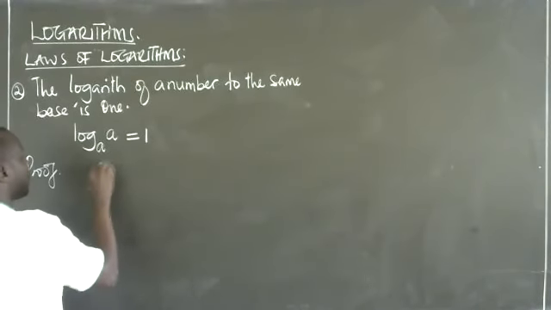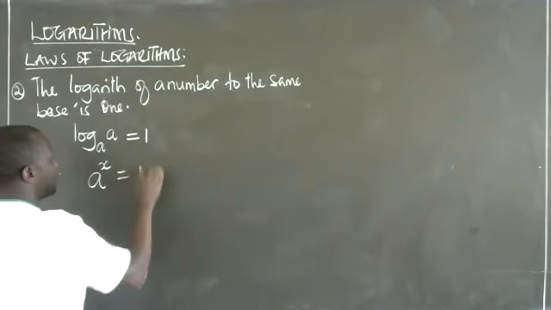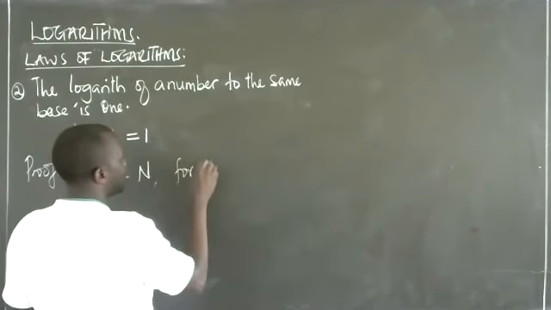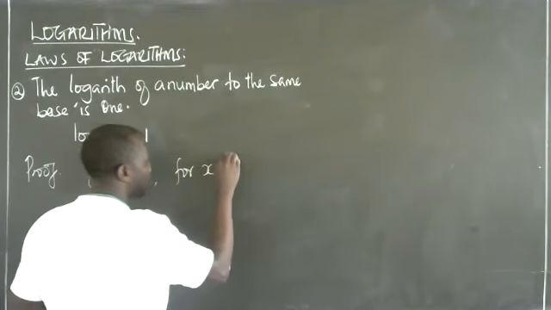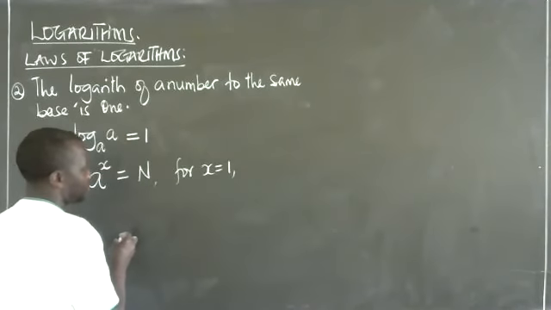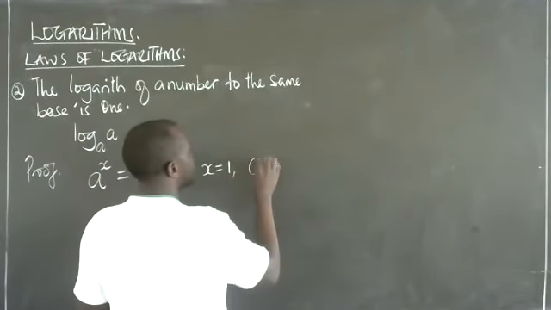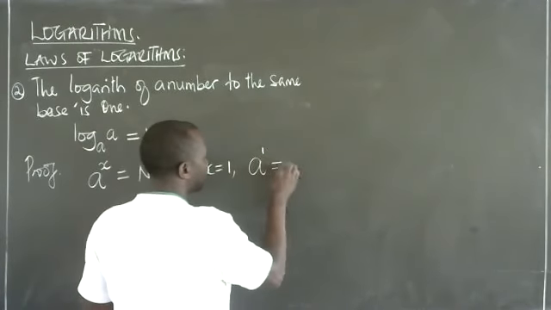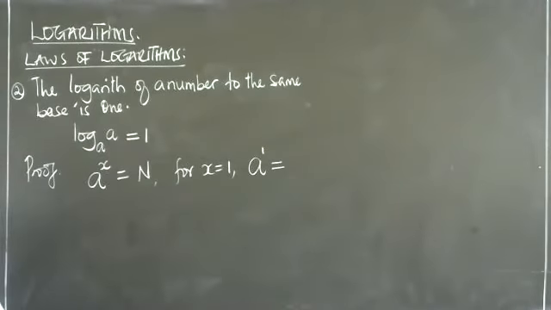If a to the power x is equal to n, for x equal to 1, a to the power 1 will be equal to, what does the n become if a is to the power 1?